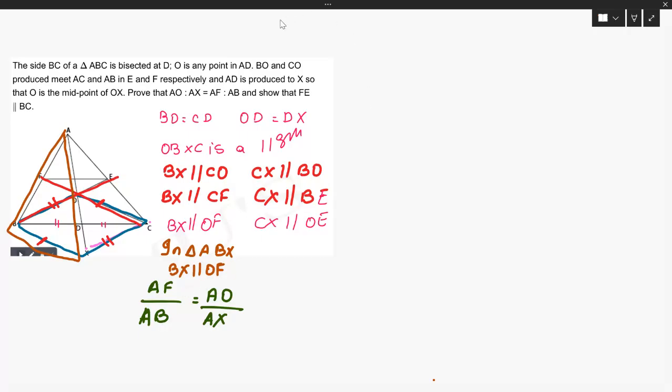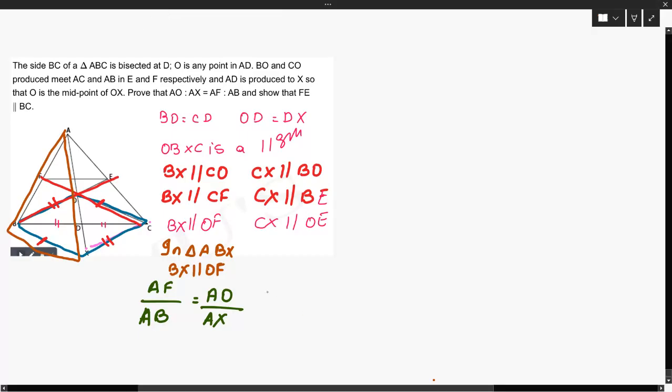This is clear. Basic proportionality theorem, when one side and one line are parallel, their sides are in proportion.